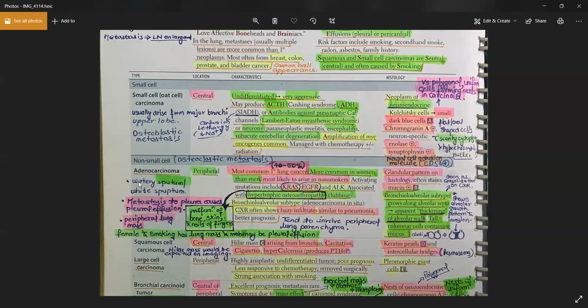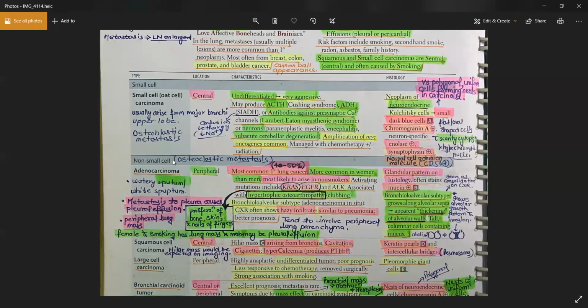Because this tumor is more peripheral, when you perform the X-ray of the patient, you will find a peripheral tumor instead of a central one. You will find a lesion on the periphery, right? This again will help you determine what kind of cancer it could be, because most of the cancers are always central. Only 1 or 2 cancers are peripheral, and one of them is the adenocarcinoma.